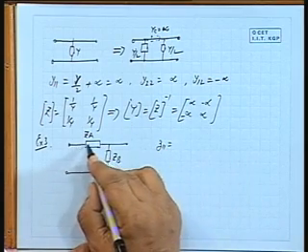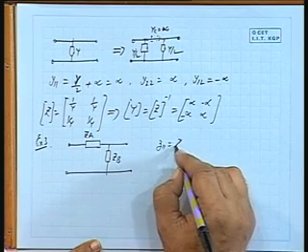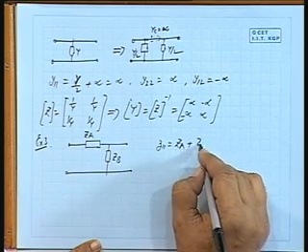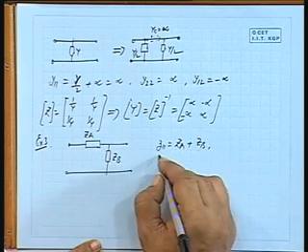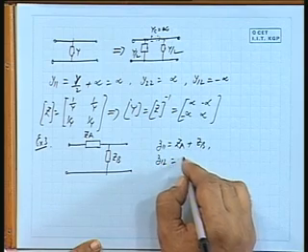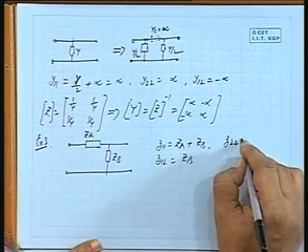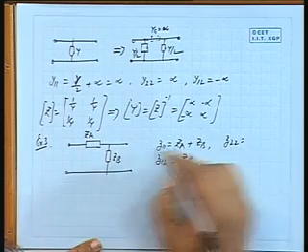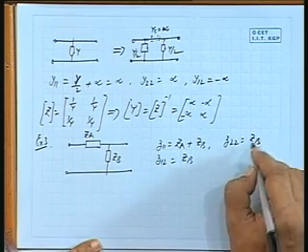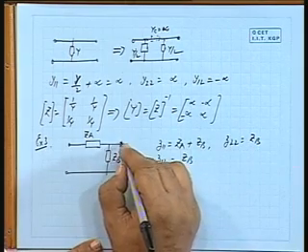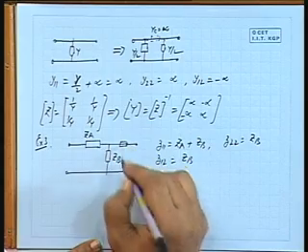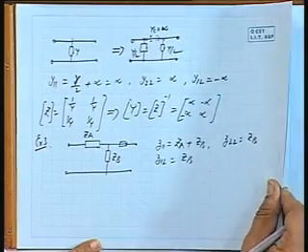Z11 will be ZA plus ZB, Z12 is ZB, and Z22 is also ZB, because I can always assume a 0 impedance value here. So this plus this will be ZB itself.